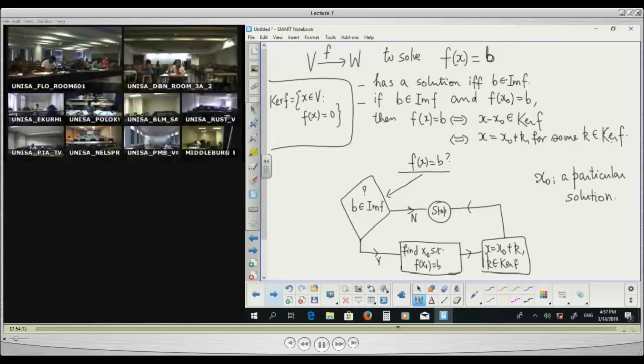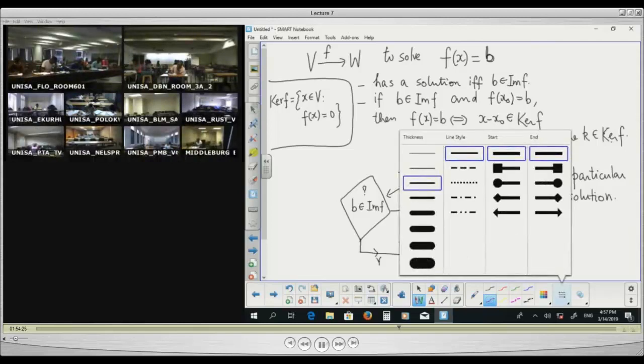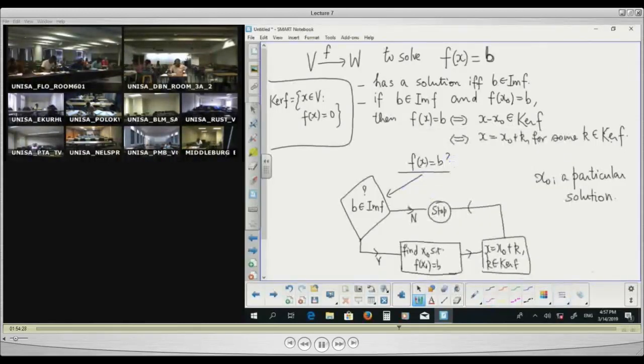If I have the matrix for f, if I tell you that A is the matrix of f with respect to a basis, then f of x is nothing else but given by this.